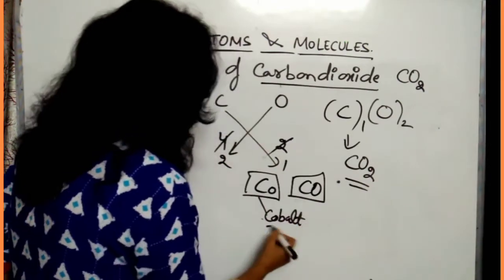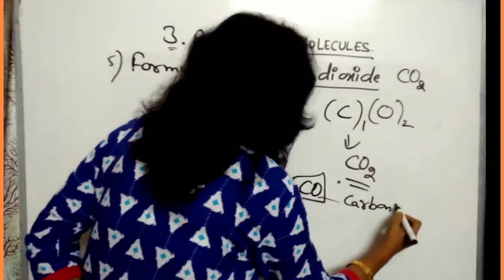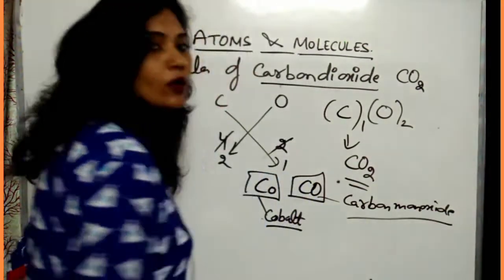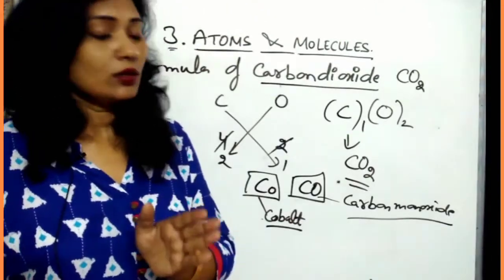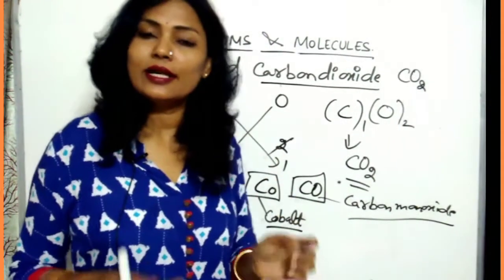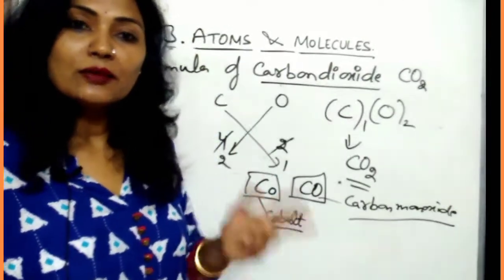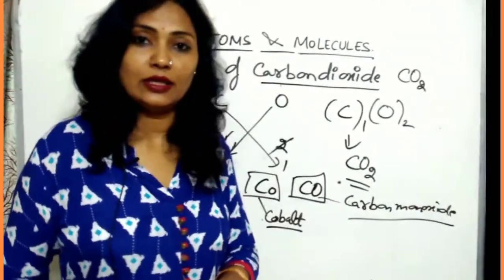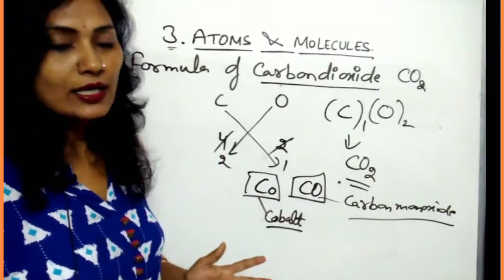So when you are writing the symbol of an element, the first is a capital letter and the second one should be in a small letter. And when it is a compound, you write in capital letters only, like N is capital, H is capital, and NH3, ammonia, is formed.